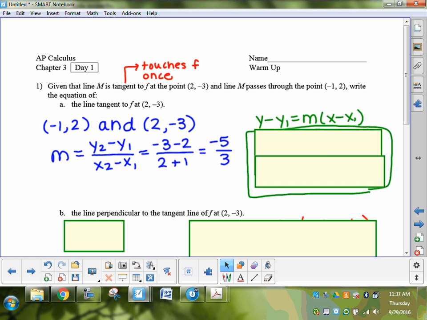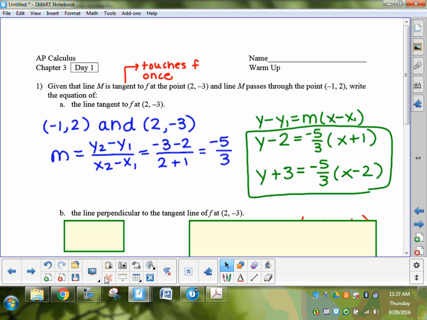Y minus 2 equals negative 5/3 times x plus 1. There is another point that you could have gone through and used. You could have also expressed it using the other point. Those two equations are of the same line, just different forms.